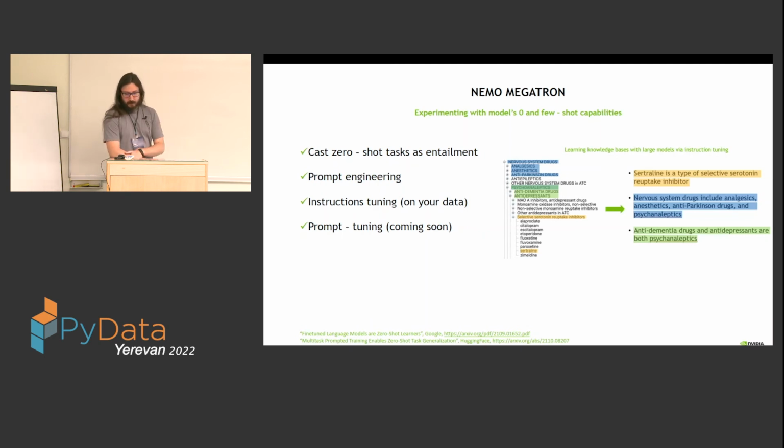Then you can do instruction tuning, for example. Suppose you have some taxonomy like on this picture with nervous system drugs, psychoanalytics, and things like that. You have this system and you want to generate training data from it. Again, you can do that.